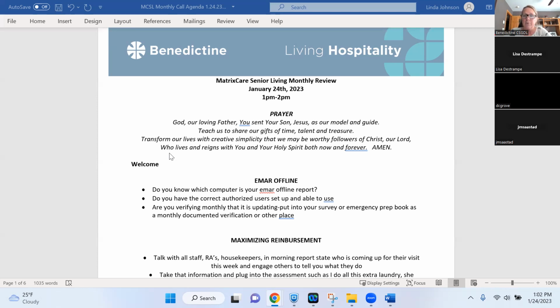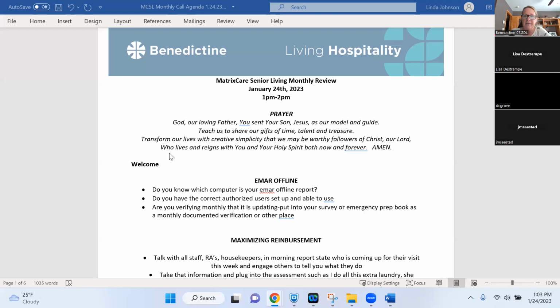Everyone is set up with a generic login, as I think Madonna's is Nurse 1 or something, or ROH is Humboldt's ROH Nurse, and then login is BHS 123, but we log in with the generic user on your computer, and then you'll see the EMR offline, and you should have a username and password for that.